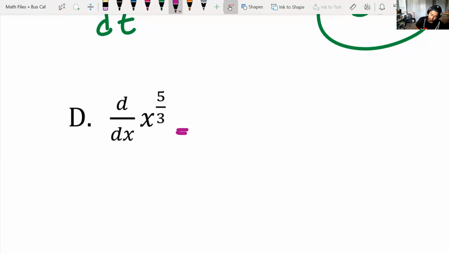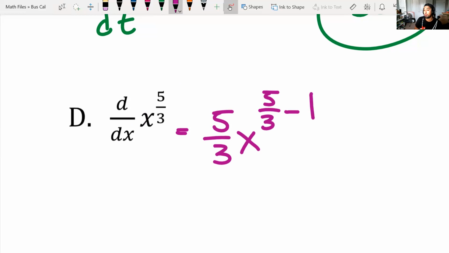So this becomes 5/3 x. And since it's a fraction, I'll do it step by step for you as well. You would take the original power and subtract 1, which means that this number has to be turned into a fraction. So you put it as 1 over 1 and multiply by the common denominator of 3.